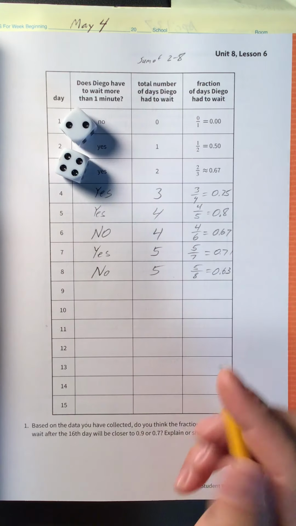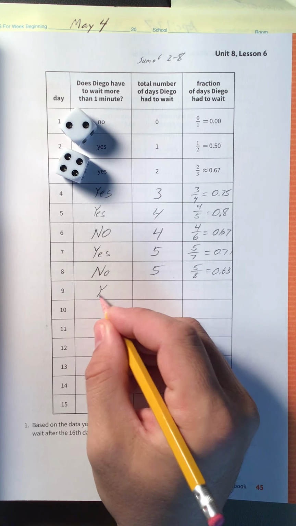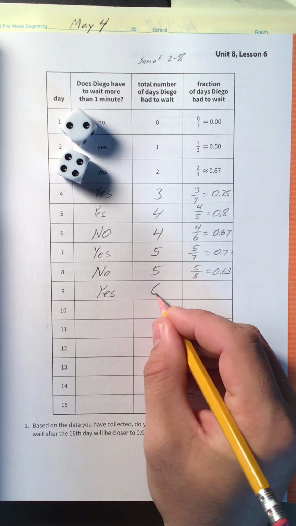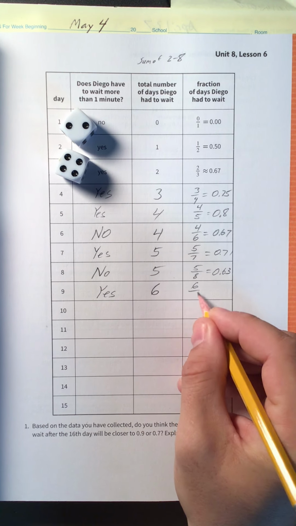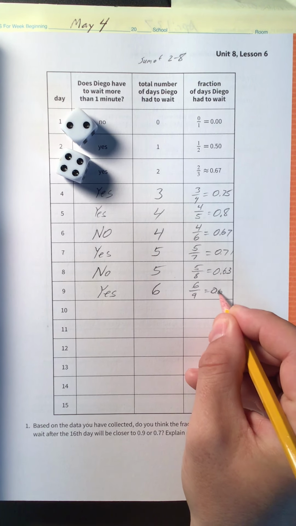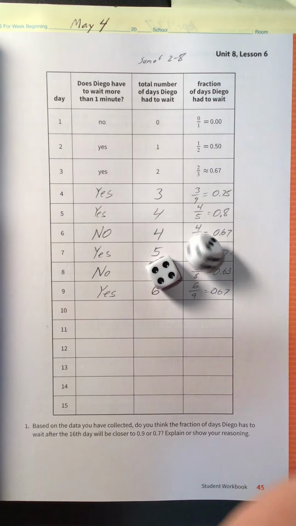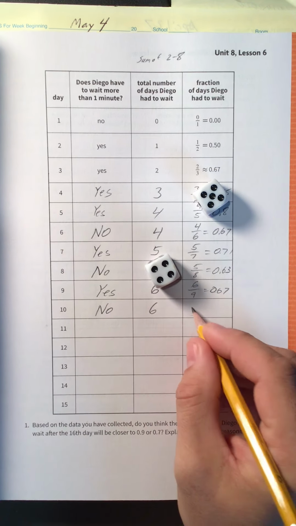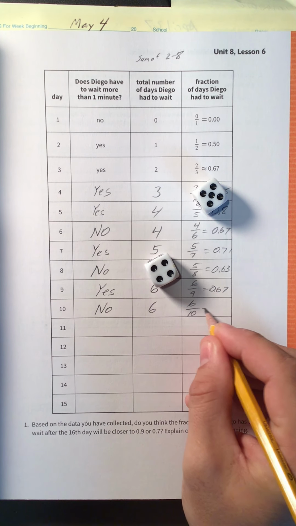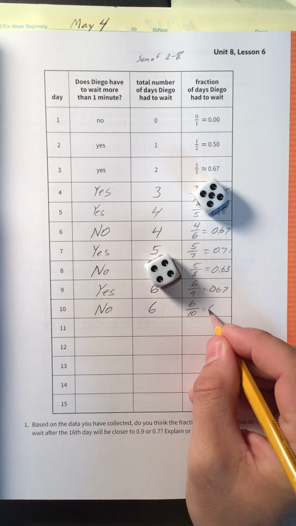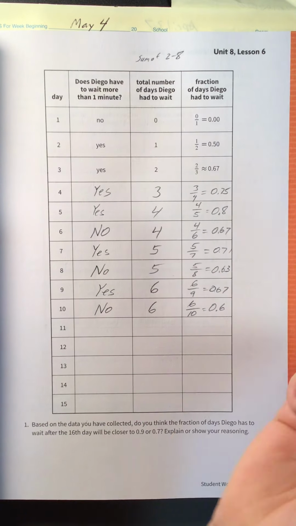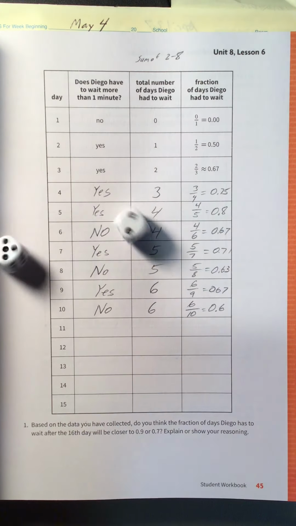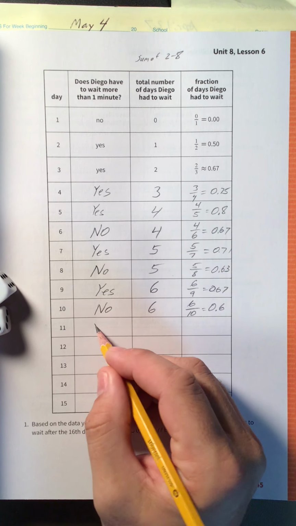Got a 6. Yes, has to wait. 6 days, that's 6 out of 9, which reduces to 0.67. 9 does not have to wait, so we're still at 6 days, 6 out of 10, which is 3 out of 5, which is 0.6. 7.